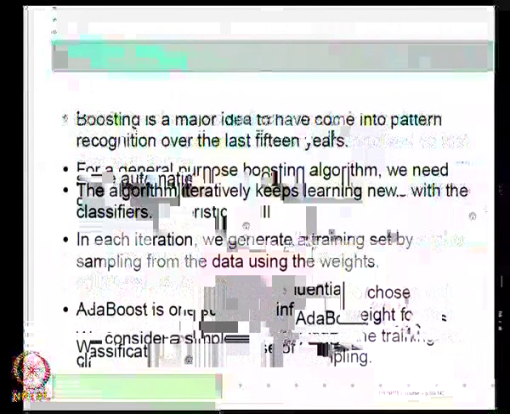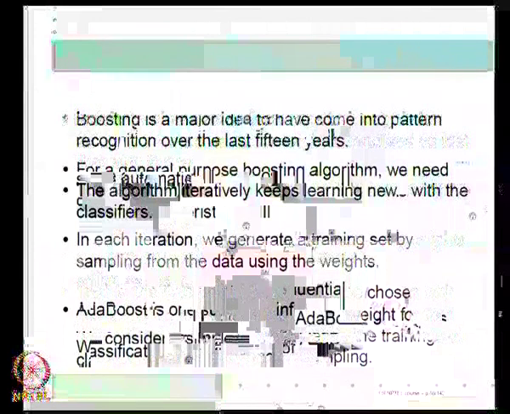Of course, as we said, we always keep wi normalized, so that they sum to 1. We generate a training data set by first getting a random number distributed as w1, w2, and whichever one it falls in, I pick that xi. Once again, do repeated independent sampling like this. So, we generate a training data set by repeated independent sampling using the weights.